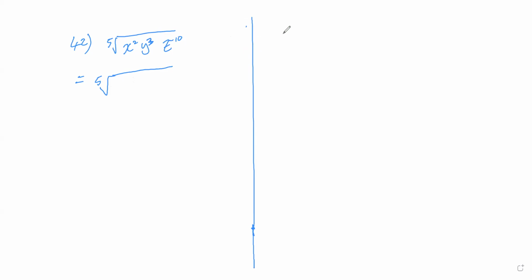Note that we will mostly be using the following two laws. The law of radicals, which is the change from radicals to exponents, says that the nth root of x is x to the 1 over n. This is what we will be using to remove all radicals. And we will be using this other law to write negative exponents as positive exponents.